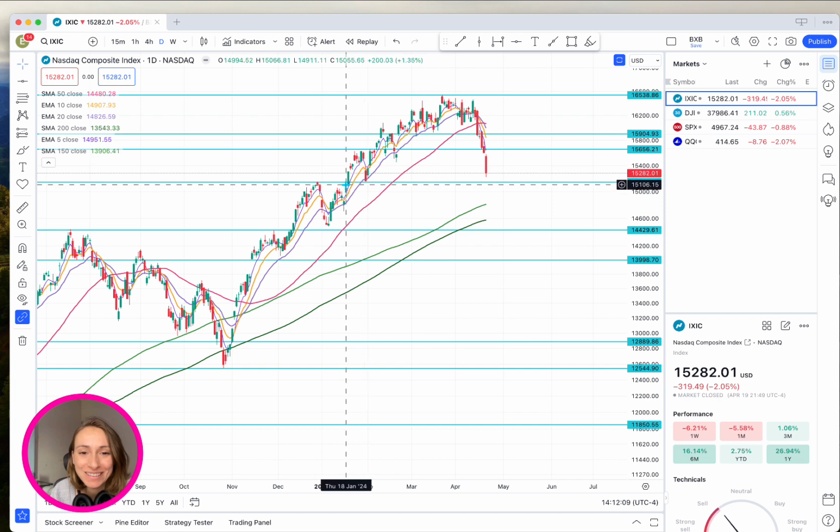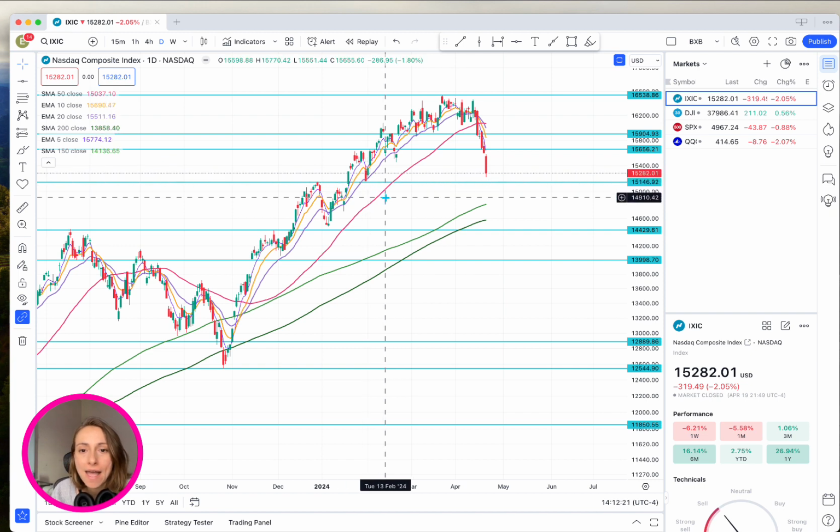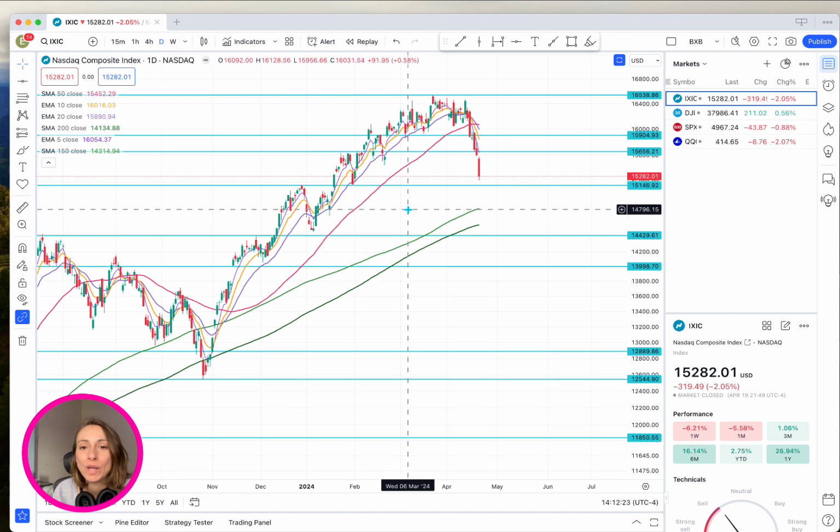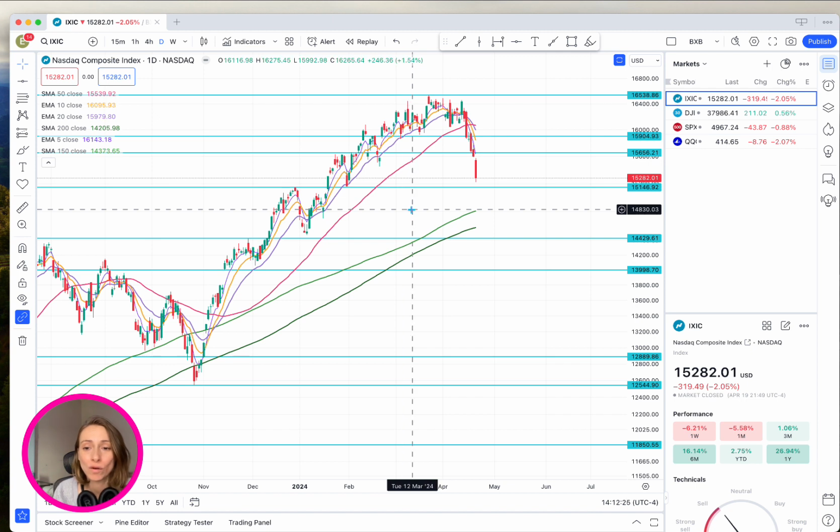Here, the line that we drew had rejected here. Then the market went back up, went through it, but then came back down. And that is what we draw our lines for, two things: areas of awareness, and then also actionable areas.